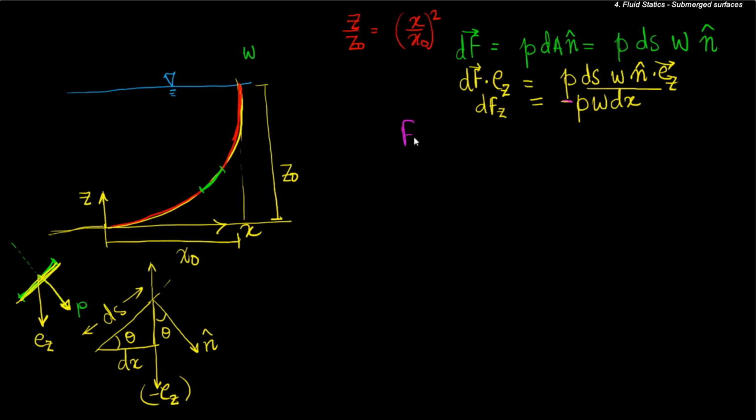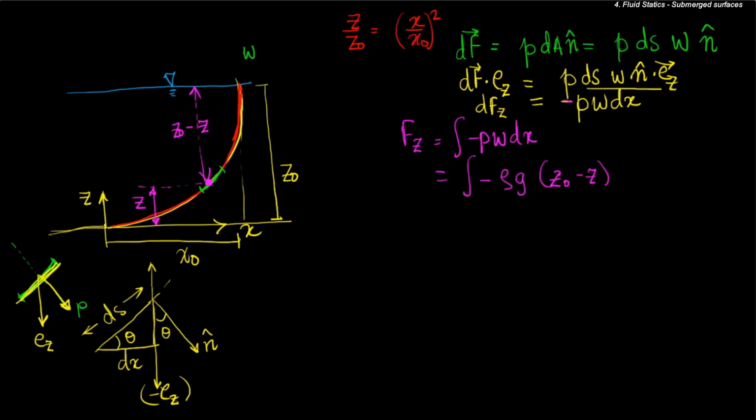So the force in the z direction will be integral minus p w dx, where now the pressure at this particular point will be, suppose this altitude, this height from the base of the dam is Z, then the pressure at this point will be rho g (Z naught minus Z), because this depth will be Z naught minus Z. This is integral minus rho g (Z naught minus Z) times W times dx.